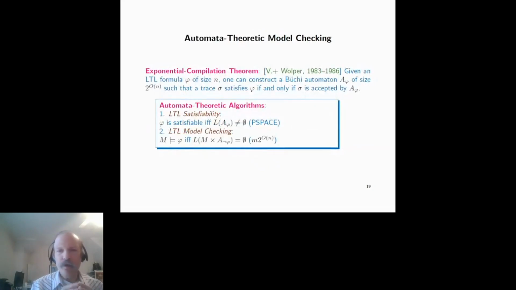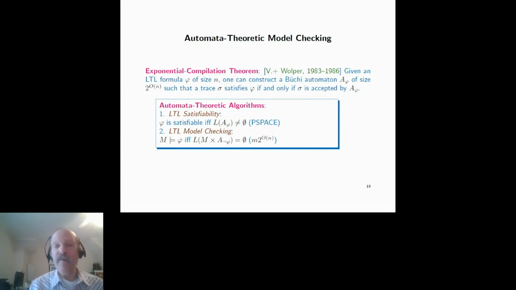My small contribution in this area, together with Pierre Wolper, was to go back to the automata-theoretic method, which was introduced originally for reasoning about logics in the 50s by Büchi, Elgot, and Trakhtenbrot. You could translate LTL to first-order logic, and then use a classical result to translate to automata.